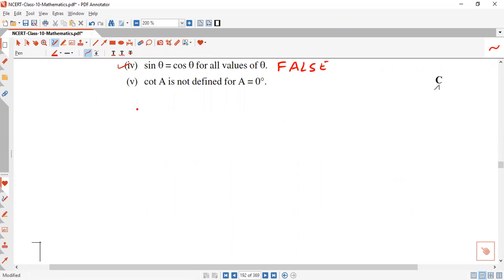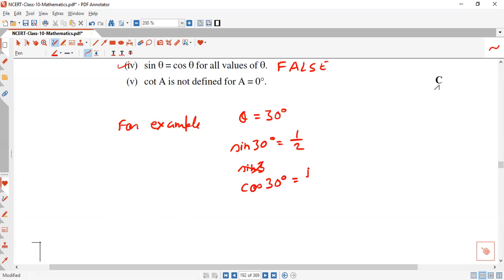For example, if we take theta equal to 30 degree, sine 30 degree equal to 1 by 2, and cos 30 degree will be equal to root 3 by 2. So these two values are not equal. 1 by 2 is not equal to root 3 by 2. So sine theta is not equal to cos theta for all values of theta.